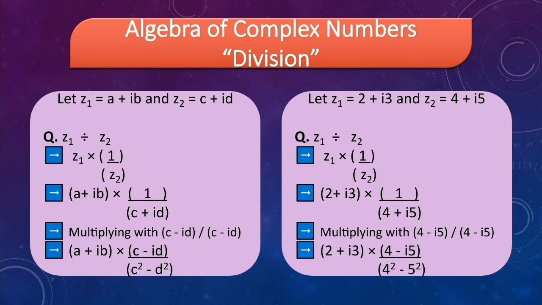So we are multiplying with (4 minus iota 5) upon (4 minus iota 5). And at last we would get (2 plus iota 3) into (4 minus iota 5) upon 4 square minus 5 square. Let's move ahead because you can do the multiplication as you have already learned how to multiply.